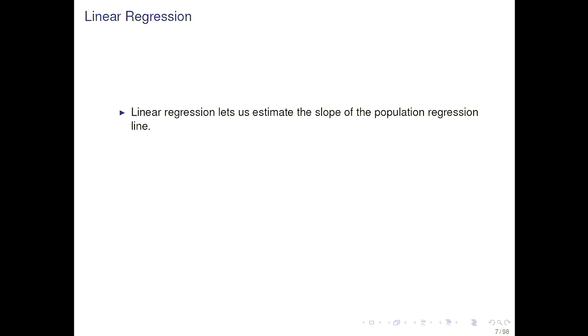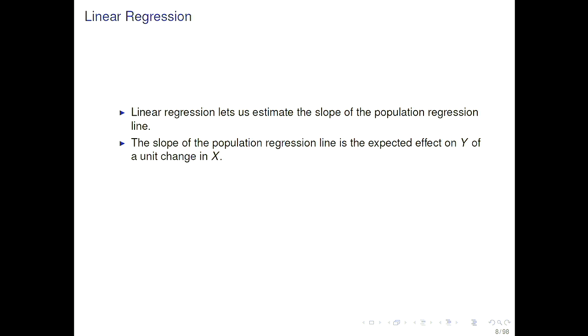So linear regression lets us estimate the slope of the population regression line. In most cases, we are only interested in the slope parameter. The reason is that the slope can be interpreted in this way: the slope is the expected effect on the left-hand side variable when we change the right-hand side variable by 1 unit.